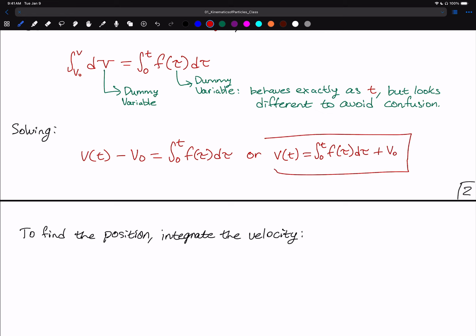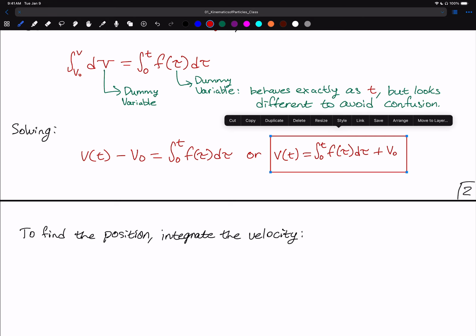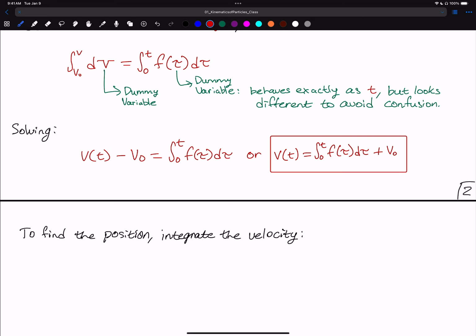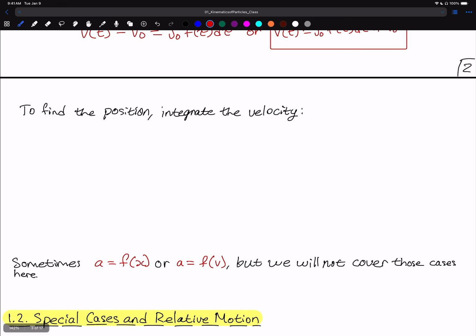I'm sorry, I said f of t earlier, but that should be f of tau. So now we've defined the motion uniquely. We no longer have an arbitrary constant. We now have this known initial velocity.